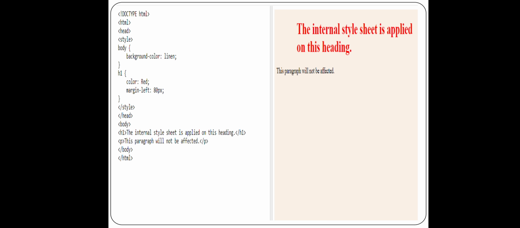Then the next example, let us see what is given in the body. Again there are only two tags, the H1 tag and the P tag. Come to the style part. There are now two elements which I want to style. For body I want background color equal to linen, so you can see my background color has changed to linen.